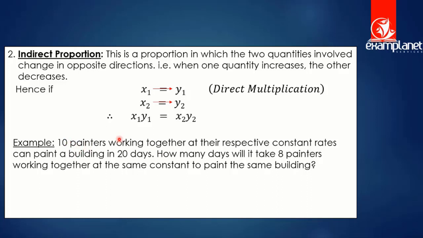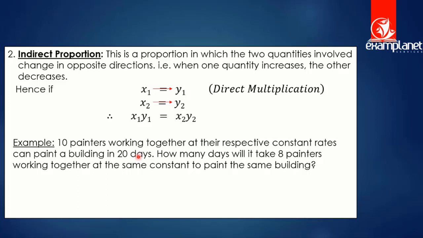Now let's look at this. We have 10 painters painting a building in 20 days. Now you want to reduce the number of painters from 10 to 8. When you have 10, you spend 20 days. By the time you have 8 painters, what does that tell you? It simply means you're going to spend more than 20 days, because you are reducing the number of workers, and the job is not reducing; the job is still the same amount.